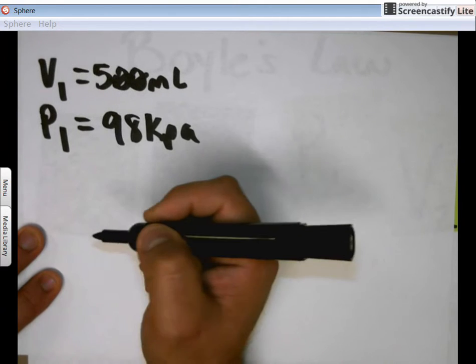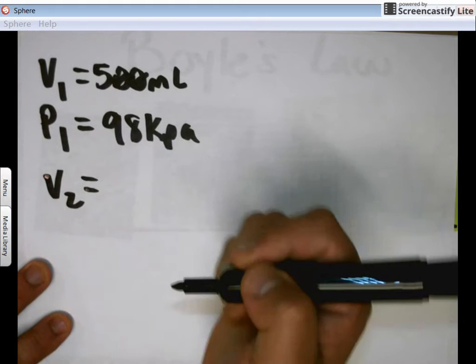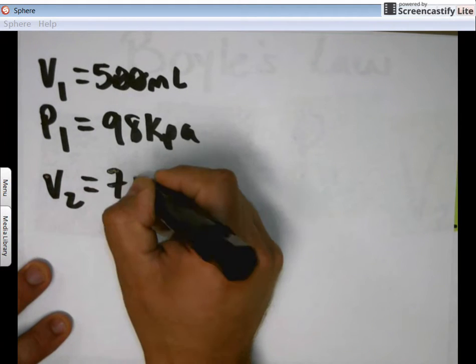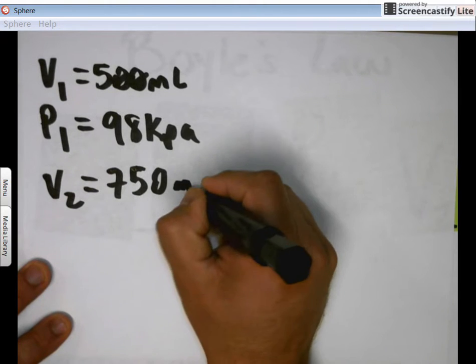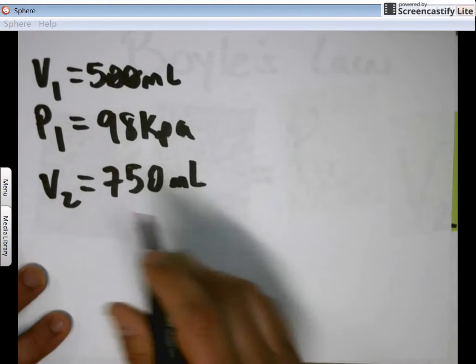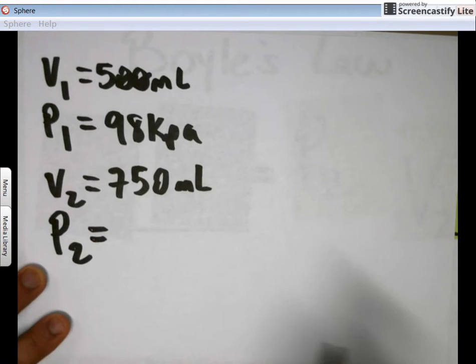And it gives you another volume. So that's your V2, which is 750 milliliters. All right, and it's asking you to solve for P2. Right? So that's your unknown.